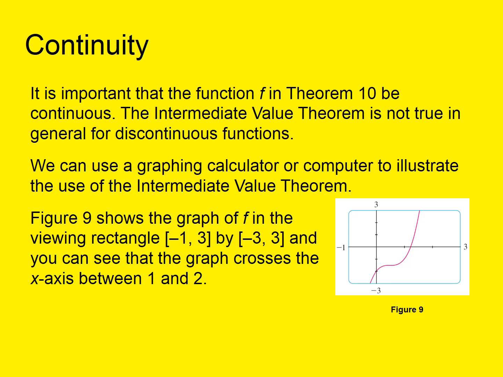We can use a graphing calculator or a computer to illustrate the use of the IVT. Figure 9 shows the graph of f in a viewing rectangle, -1 to 3 in the horizontal, -3 to 3 in the vertical. You can see that the graph crosses the x-axis between 1 and 2.